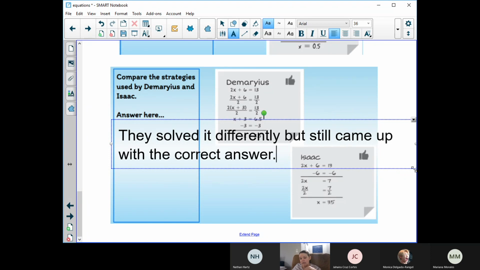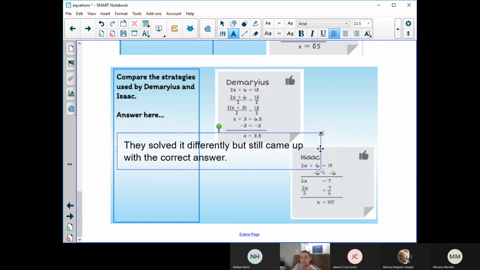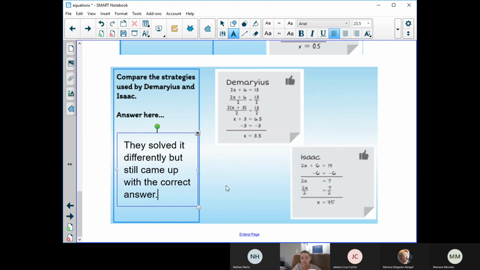So even though one subtracted first and one divided first, they still came up with the same correct answer. Okay. So it did not matter what strategy or what we undid first. Yeah, it's a little blurry, the little decimal right there. Any questions about these problems?